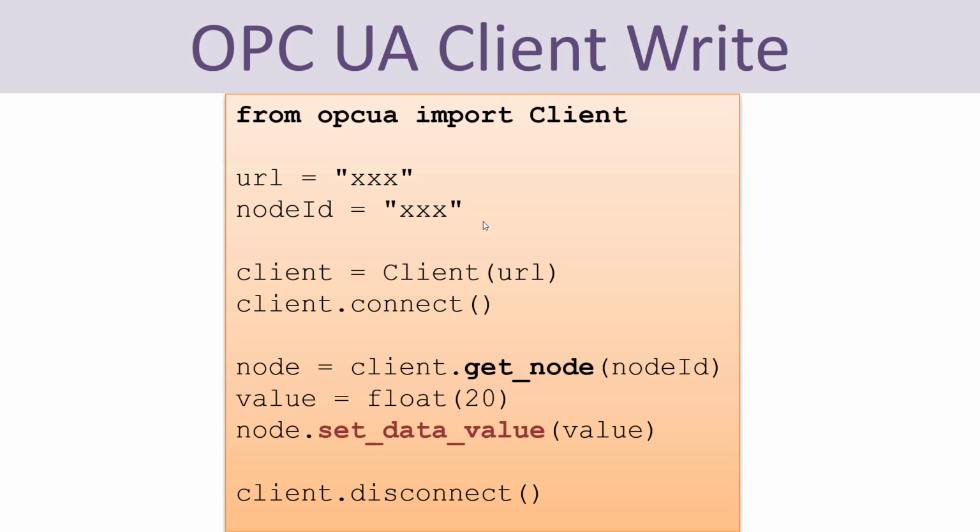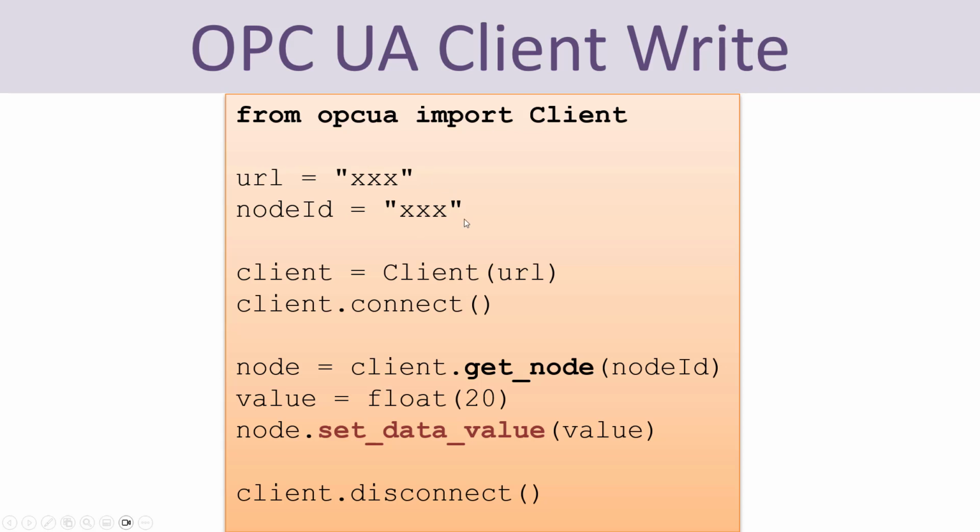So here we see the basic code needed in order to create an OPC UA client write application using this OPC UA Python package. The first thing we need to do is to import this library, OPC UA. In our case, we only need to import the client part of it. And then we need to specify a URL and a node ID.